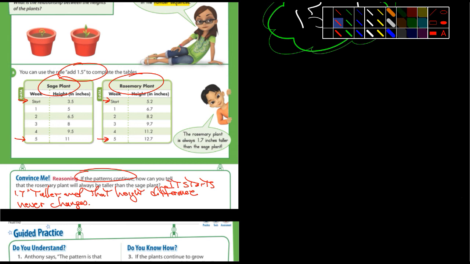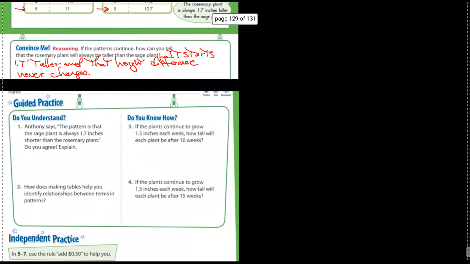So, okay, let's take a look at the guided practice here. Move this down. Okay, it says, do you understand guided practice number 1? Anthony says the pattern is that the sage plant will always be 1.7 inches shorter than the rosemary plant.